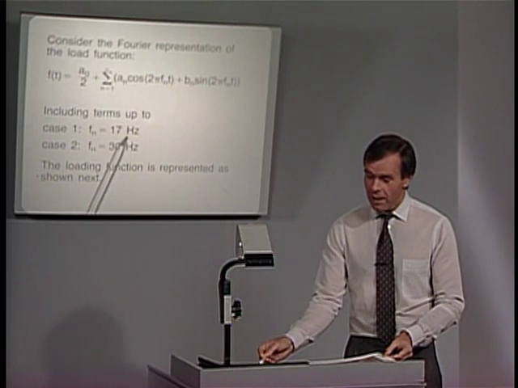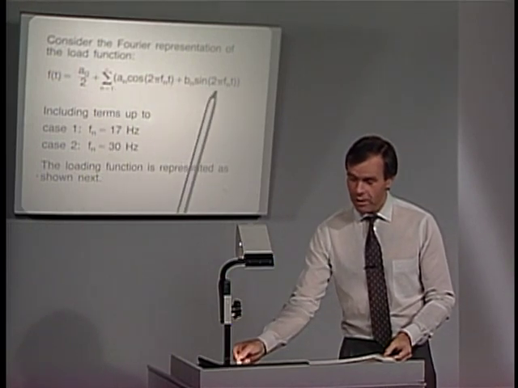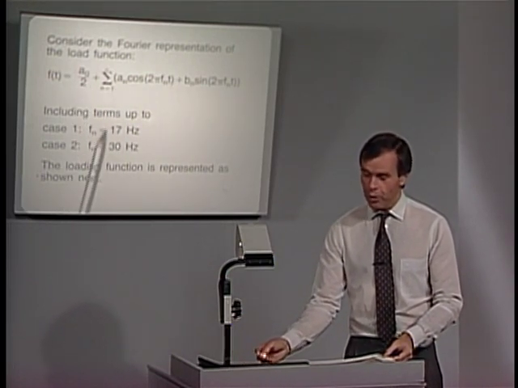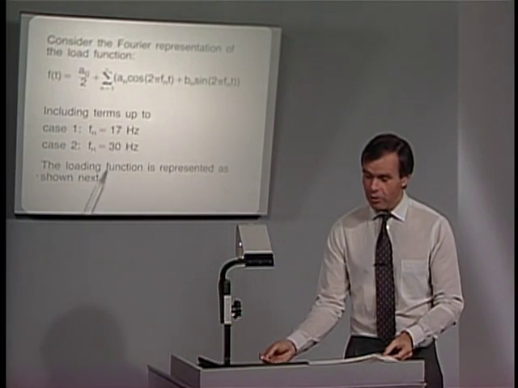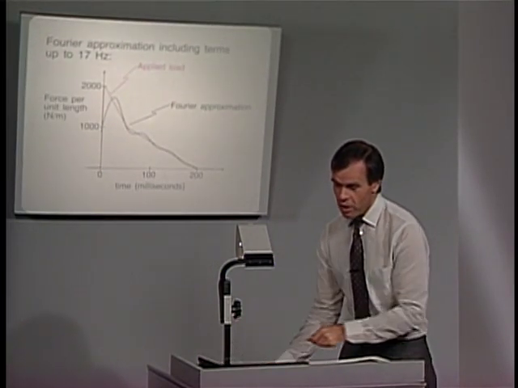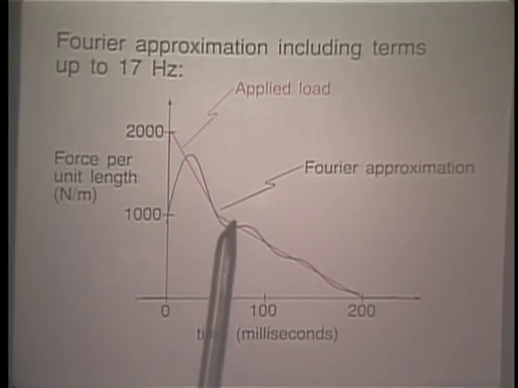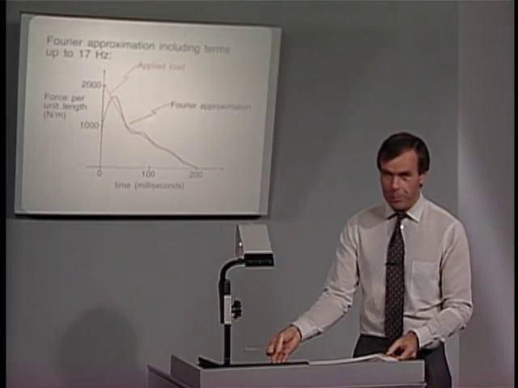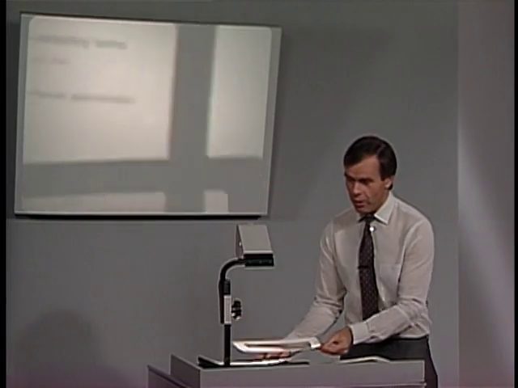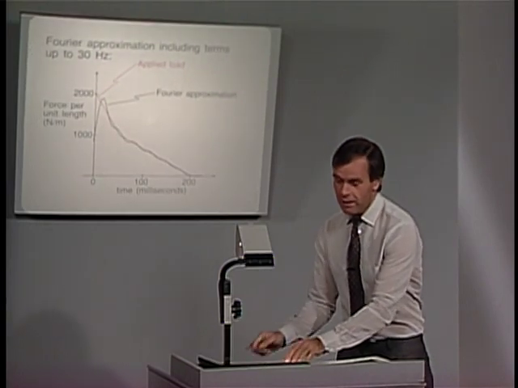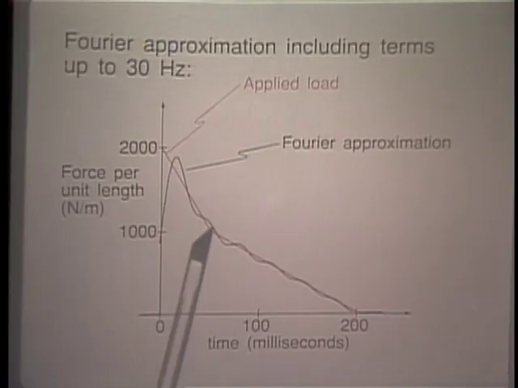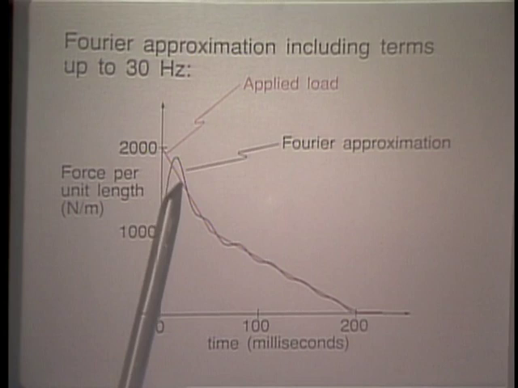If we truncate our Fourier representation of the loading at 17 Hertz, we obtain this approximation here to the actual applied loading. If we truncate our Fourier representation at 30 Hertz, we obtain this Fourier approximation to the actual loading.